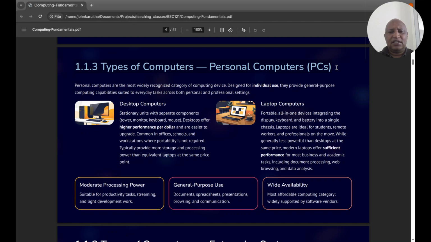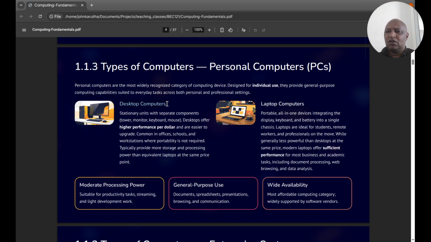Things like your desktop, the ones that you have in the library and in the computer lab, and what we call laptop computers. A laptop computer is a much smaller thing. You people should know what a laptop computer is. So it is portable, but desktop computers are stationary and they come with different components. That's a good thing with desktop computers.